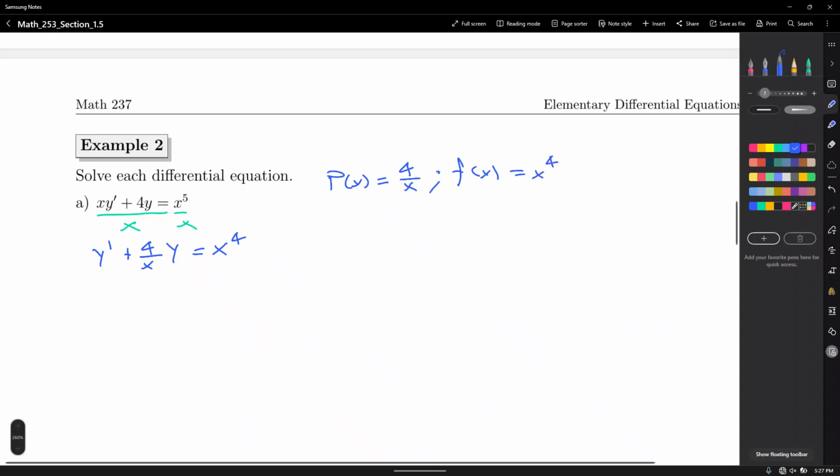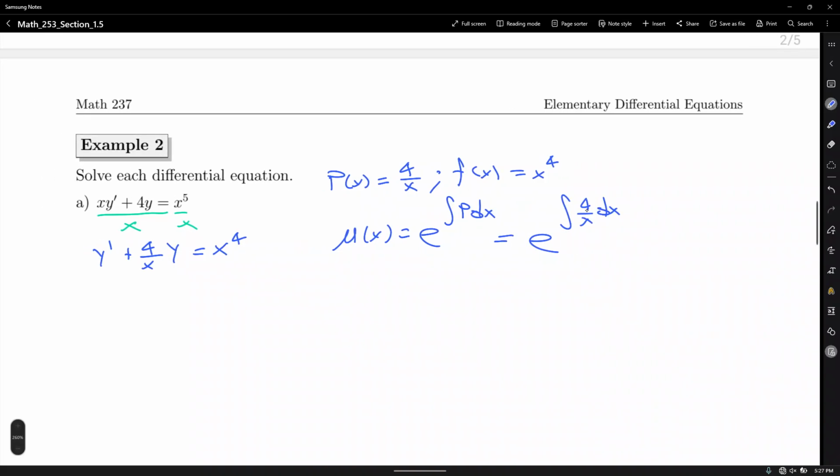Well, all we have to do is obtain the integrating factor. That is, mu of x equals e to the integral of p dx, which is e to the integral of 4 over x dx. All right? Well, the integral of 4 over x, is that e to the 4 ln?